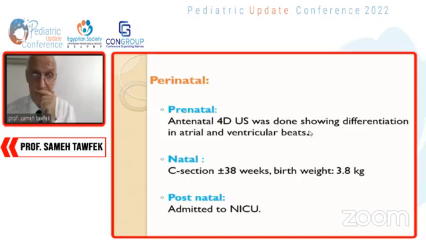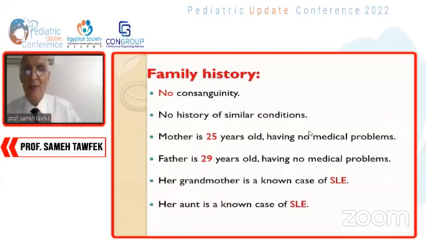Natally, cesarean section, with birth weight 3.8 kilograms. Postnatal, admitted to our NICU. Family history: non-consanguineous parents, no history of a similar condition as they mentioned. Mother is 25, with no apparent medical problems.